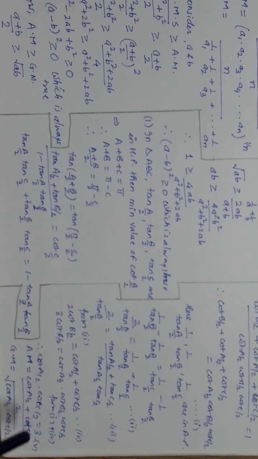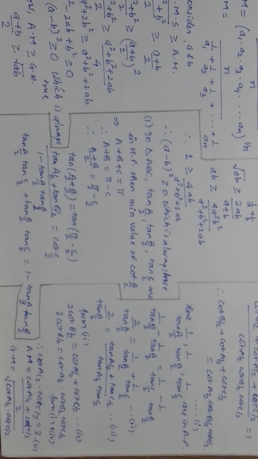So the value of cot A by 2 into cot C by 2 from the fifth statement over here is 3, right? Means on the left side I get cot B by 2 is greater than or equal to root 3, right? So you got what? That the arithmetic mean is greater than or equal to the geometric mean, indicating cot B by 2 is greater than or equal to root 3.